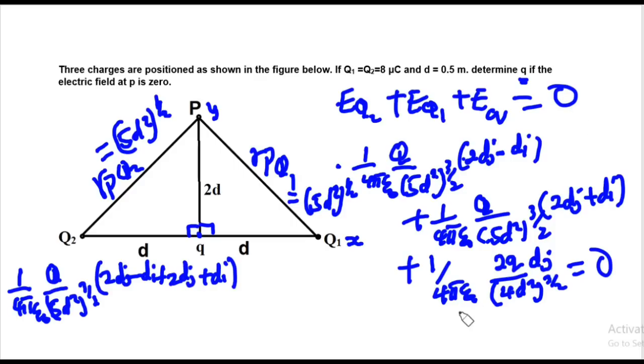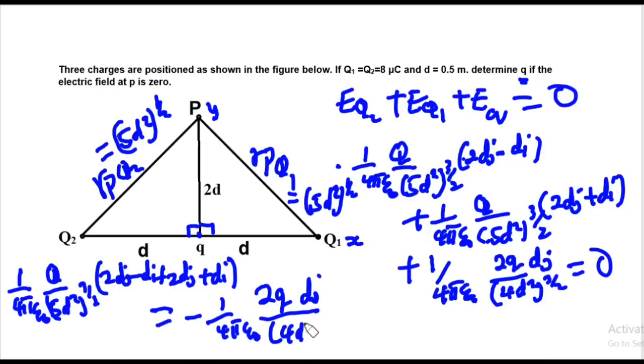So this again will cross. If it crosses, we have minus 1 upon 4 pi epsilon 0, we have 2Qdj upon (4d²) to the power of 3 upon 2. So let's clean here.